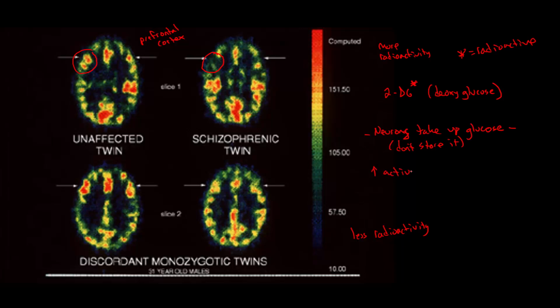If I increase activity, I'm going to take up more glucose. Now, normally glucose gets transferred into energy. It gets broken down and gives the cell energy. 2DG looks like glucose, but it stays in the cell.